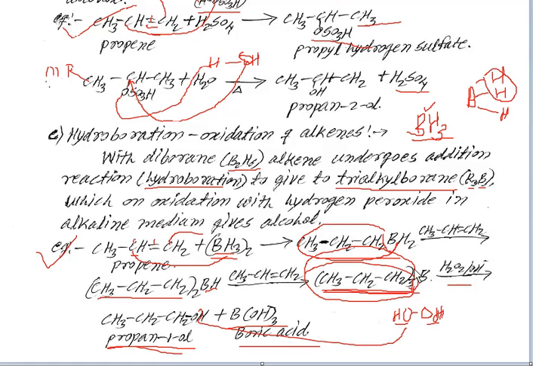See here, by breaking of the bond between boron and tripropyl, one propyl group is combined with that hydroxyl group, and 3 hydroxyl groups are combined with that boron. We get boric acid and propan-1-ol.